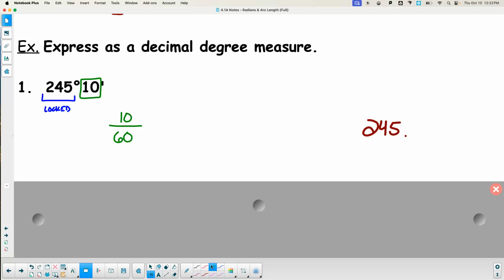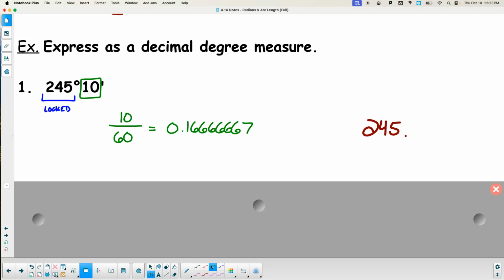So now by dividing it by 60, it's in degrees. So that's going to be 0.1666667, and so on. 10 divided by 60 is 0.16 repeating.